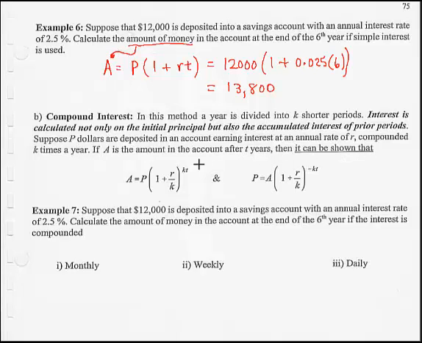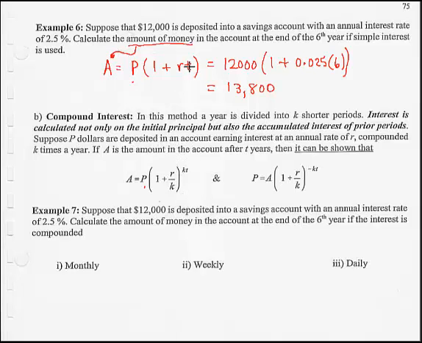new formulas. So here we have the amount, and if we compare that to the simple interest, the previous formula, we still have P in front of a set of parentheses.